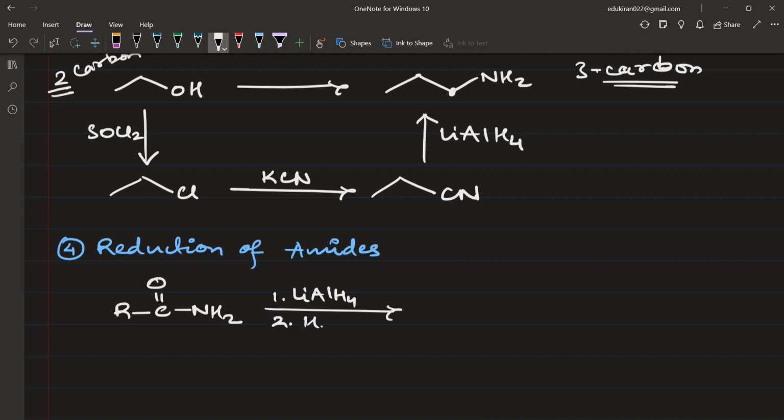In the second step, we add water, and the number of carbon atoms is going to be the same. Here you have R and C. This carbon atom will get 2 H2, and this NH2 will be as it is. So removal of oxygen, addition of hydrogens, reduction of amides.